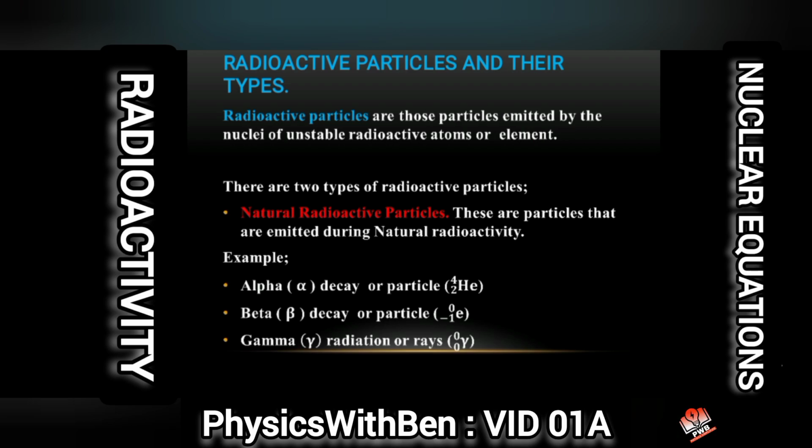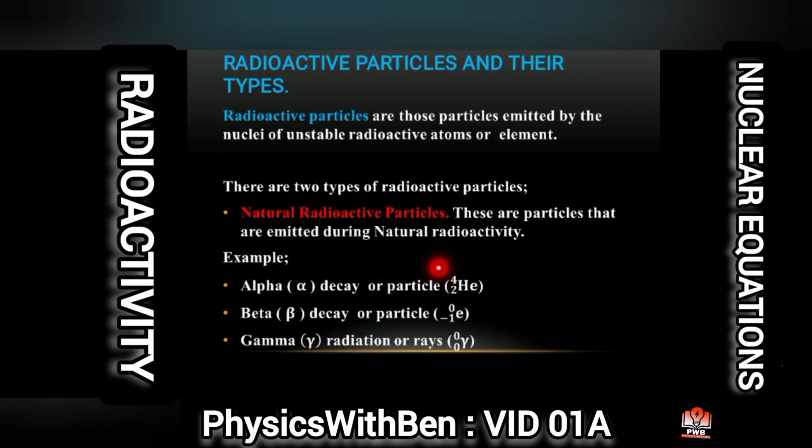These particles are categorized into two. We have the natural radioactive particles. These particles are emitted during natural radioactivity. We're going to explain natural radioactivity in the next section.